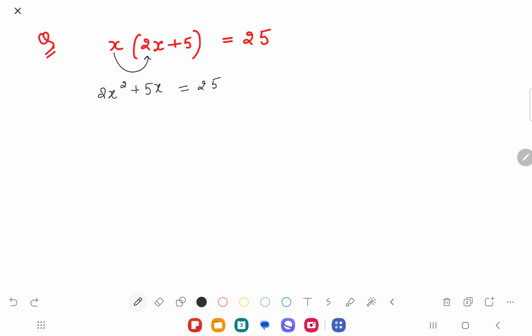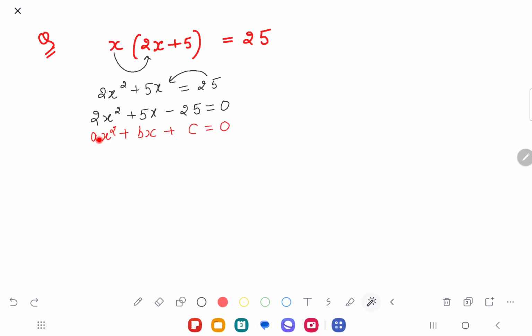To solve a quadratic equation, always understand that you have to make the right hand side everything to be 0. So you will bring this down right here. So you will have 2x squared plus 5x minus 25 shall be 0. And now you compare it with a general quadratic equation, ax squared plus bx plus c equals 0.